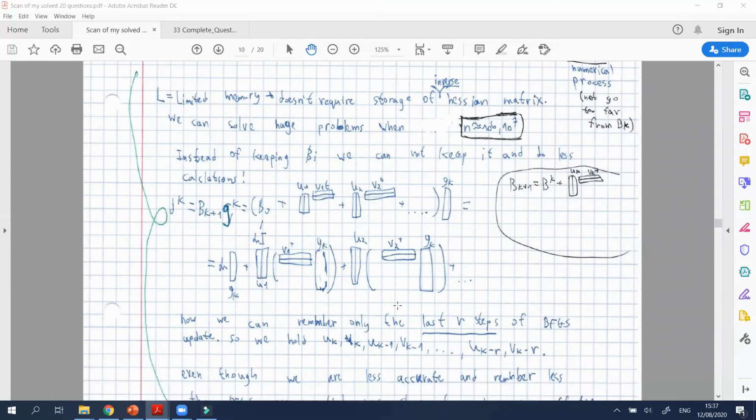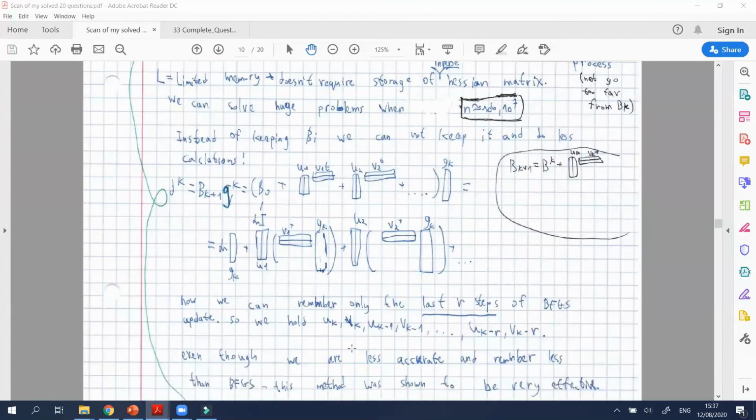But the true fact is that if we remember for some r steps, this is some kind of hyperparameter, which we will not discuss and is out of scope at this point. For some r steps, we can remember the u_k, v_k vectors and just add the last ones to the alpha I, obviously multiplied by g_k, and multiply all of them by g_k, all of the u_i v_i's, which are between k and k minus r.